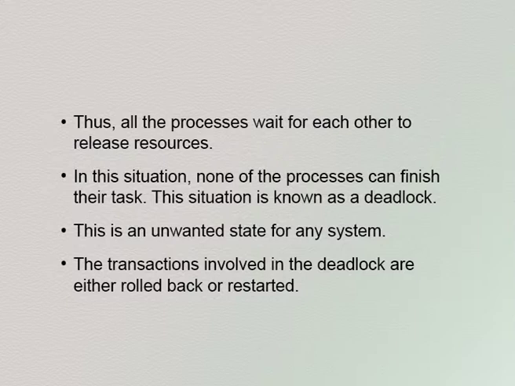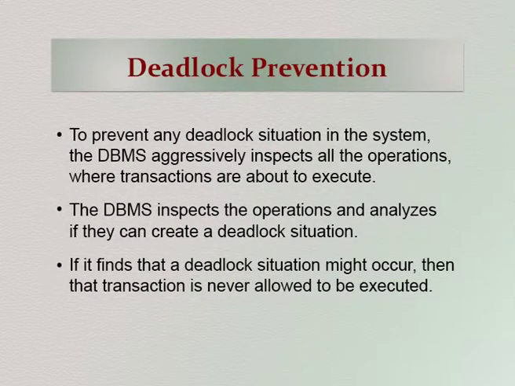Until one of these two operations happens, the situation grows even worse. This particular situation can also be prevented by looking into the sequence that the system is maintaining, the transaction sequence, the serial scheduling.